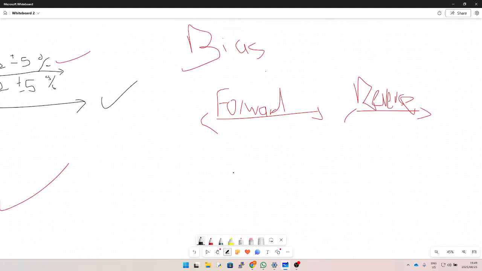Now, how does each one work? With forward bias, my positive terminal of my battery is connected to my positive terminal of my diode, meaning that positive has a higher voltage, right?